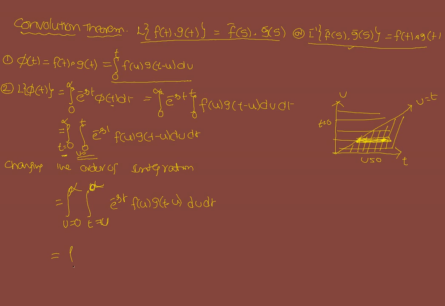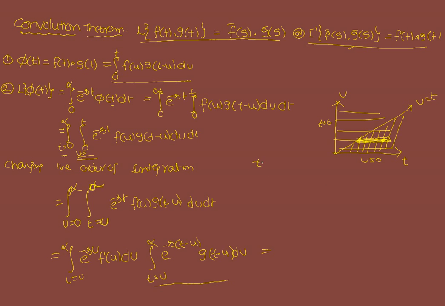This again you can write as the integral u is equal to 0 to infinity of e power minus su into f of u du, into the integral t is equal to u to infinity of e power minus s into (t minus u) into g of t minus u dt. Here e power minus st plus su, so e power su and e power minus su get cancelled, and we are left with e power minus st. Now treat t minus u as v.